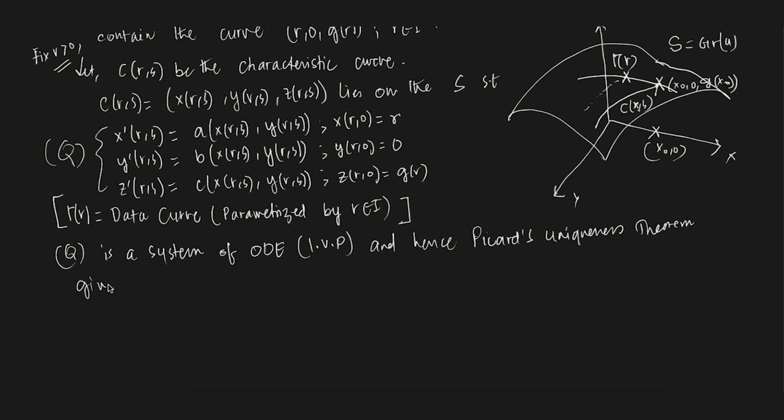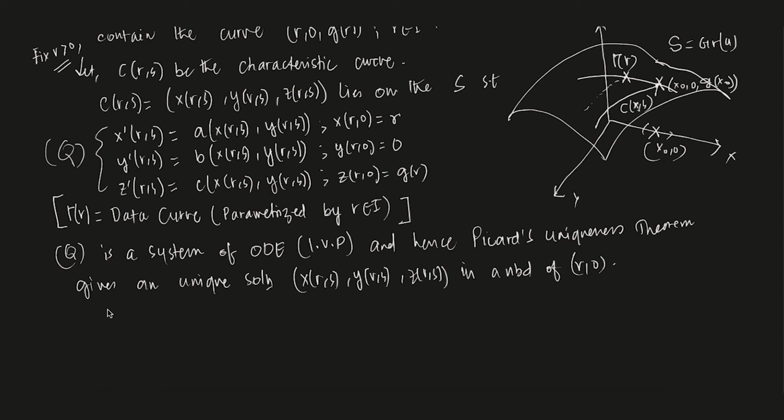Picard's uniqueness theorem gives a unique solution x(r,s), y(r,s), and z(r,s) in a neighborhood of r0, right? So in a neighborhood of this r0, you get a unique solution.